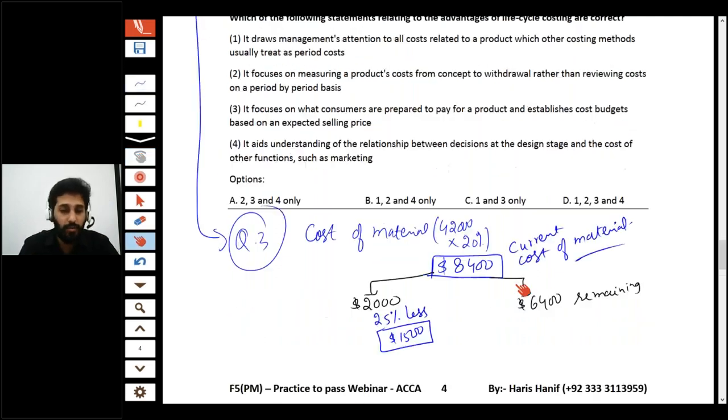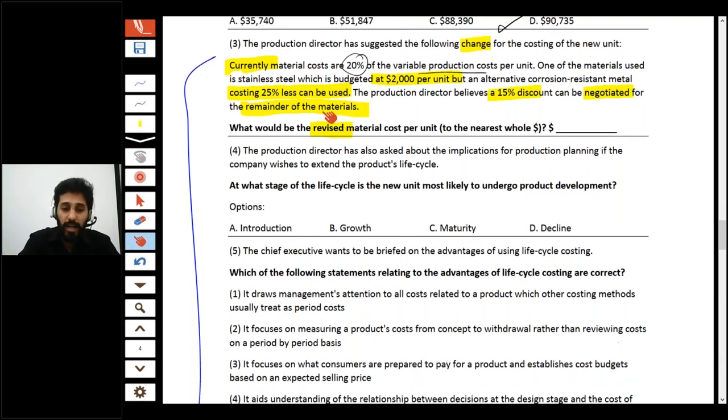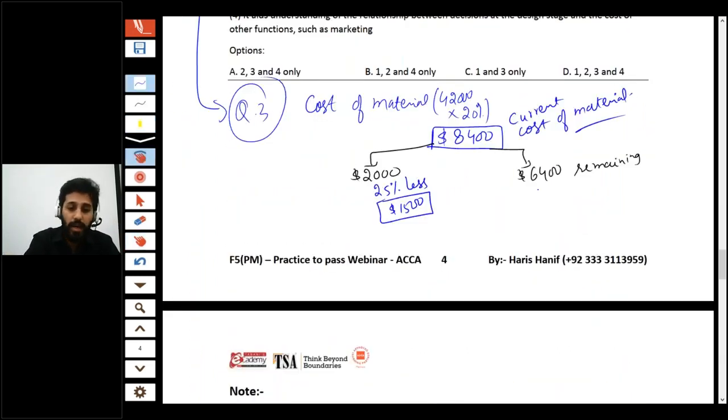And next, the production director believes a 15% discount can be negotiated for the remainder material. The remainder is 6400, and now I will be taking it at 85 percent, that is a 15% discount.